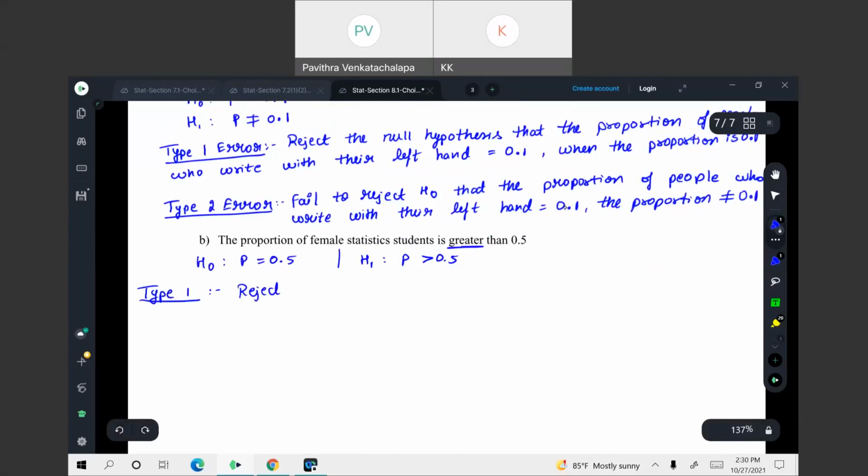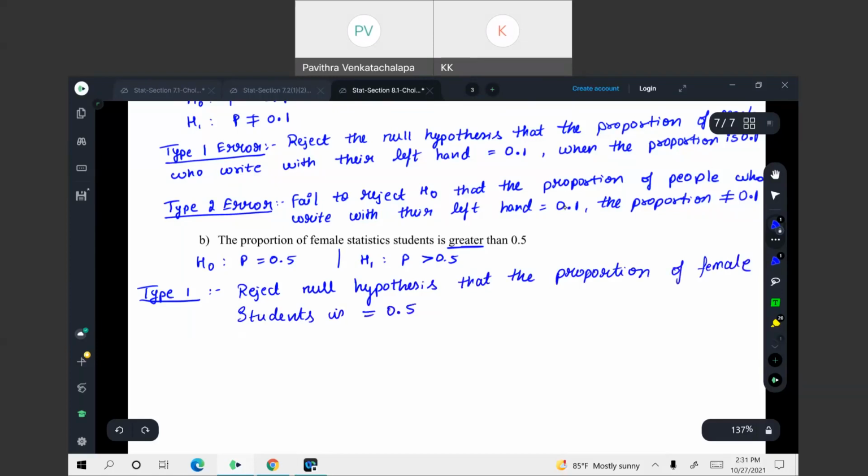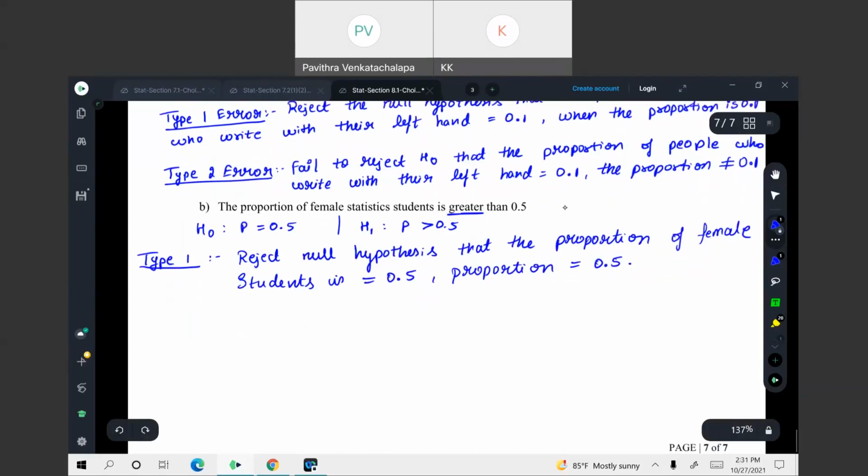You say reject the null hypothesis, and the claim is that the proportion of female students is equal to 0.5. That's your type 1 error. But actually the proportion given here is different.